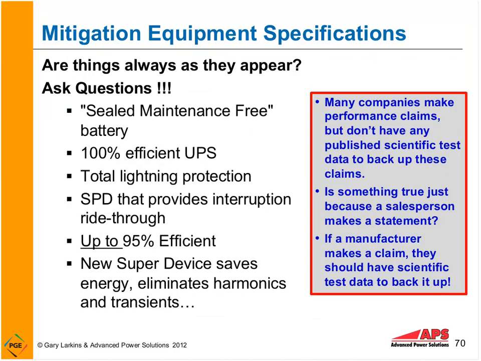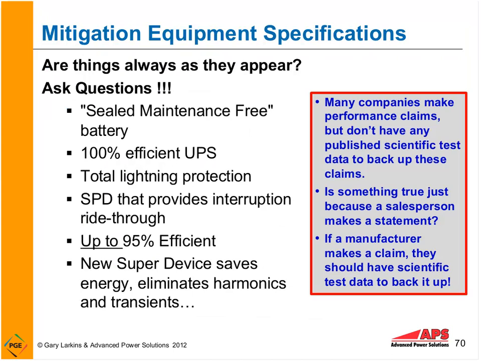These are some examples of claims on manufacturer sheets. Sealed maintenance-free battery. There is no battery that's maintenance-free. 100% efficient UPS. Well, how does the UPS create all those BTUs of heat that you show on your spec sheet? Total lightning protection. Surge protection that provides interruption ride-through.